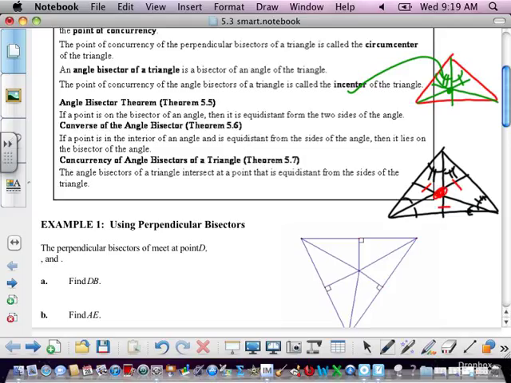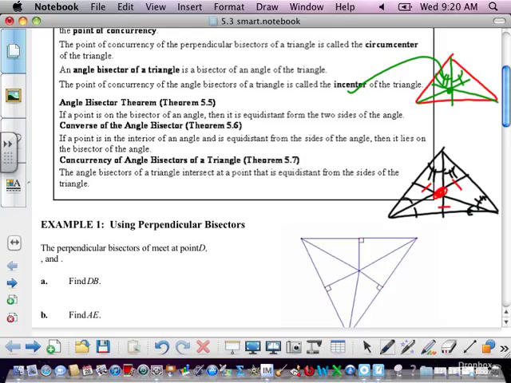Now we've got angle bisector. Its point of concurrency is called the incenter. It is equal distance from the sides.